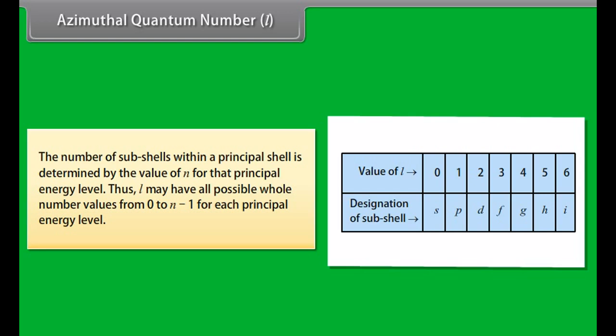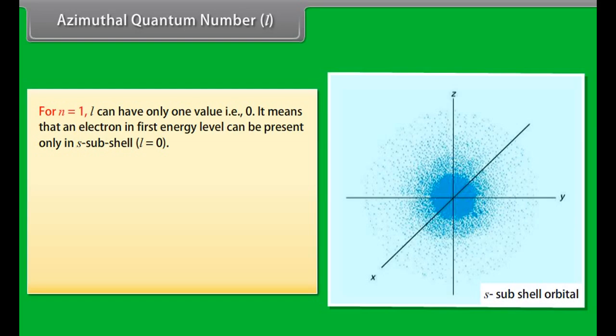Thus, l may have all possible whole number values from 0 to n-1 for each principal energy level. For n = 1, l can have only one value, that is 0. It means that an electron in the first energy level can be present only in the s subshell, l = 0. So the first energy level has only one subshell, that is 1s.